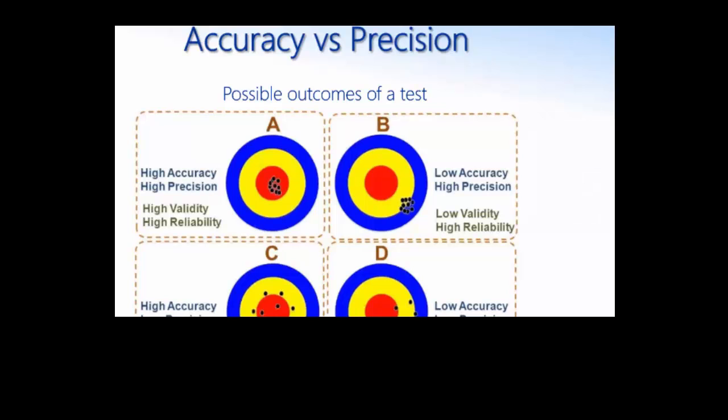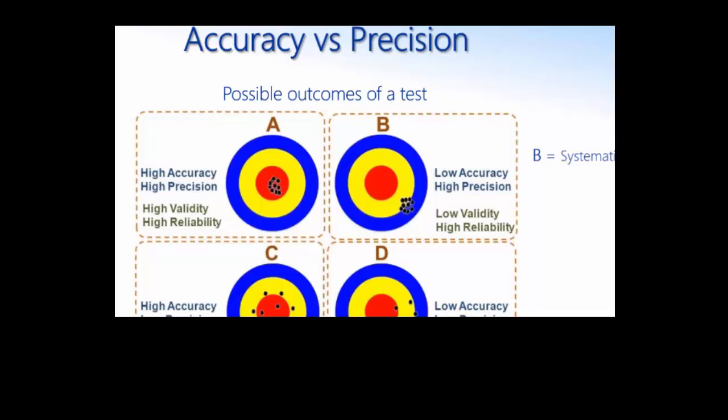In case we have a high accuracy of the test, we can say that the validity of our results is high. But when the precision is low, for example, we can say that we have low reliability of the performance of the people performing the test, or maybe some other components included in the system.